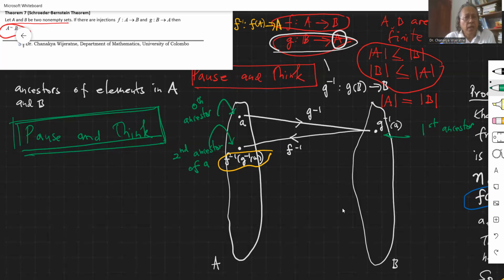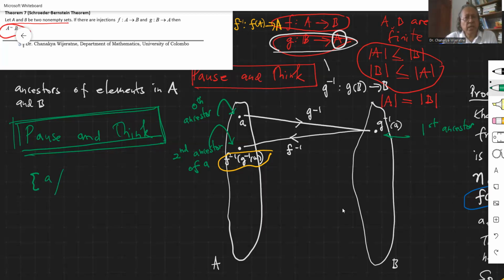You should be able to see that there are three kinds of elements in A according to the number of ancestors it has.